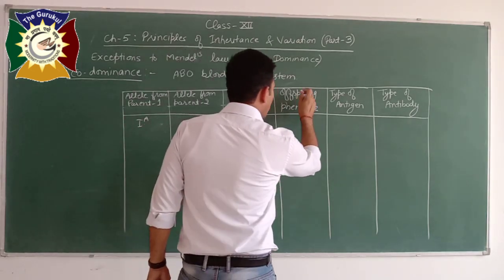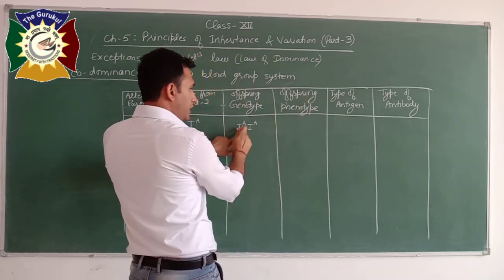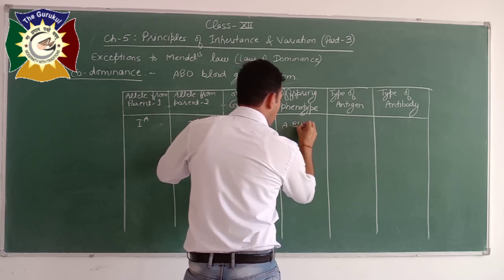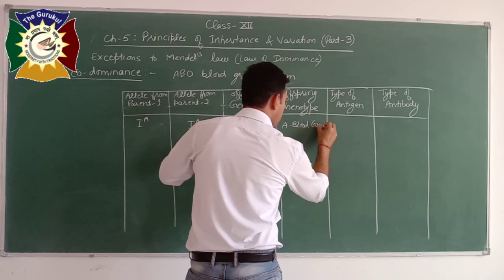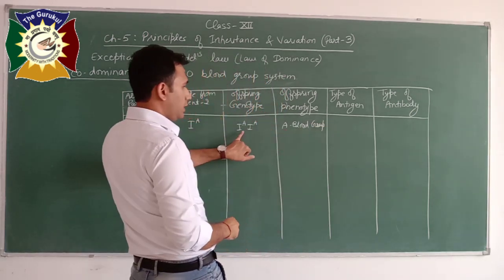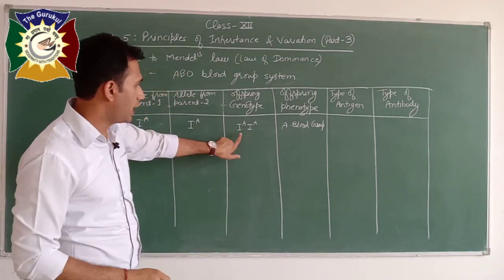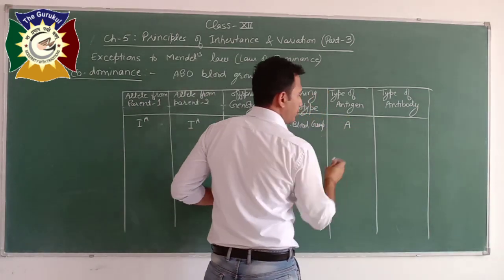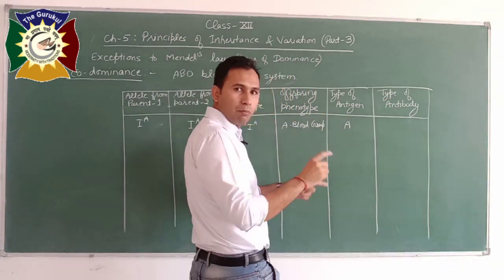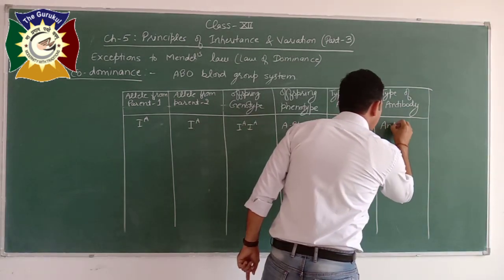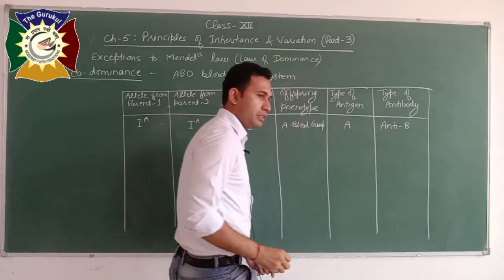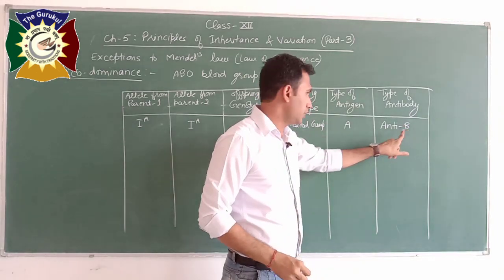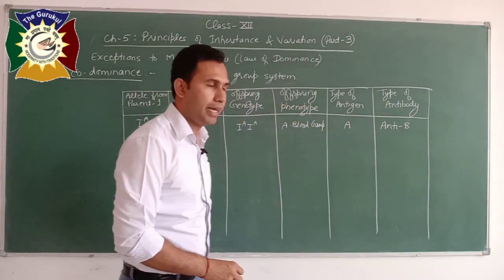So the offspring phenotype will be A blood group. And the type of antigen will be A, because I have already discussed that the IA allele is responsible for A type antigen. And the type of antibody will be just opposite to A, means anti-B. This blood will have antibody against B.